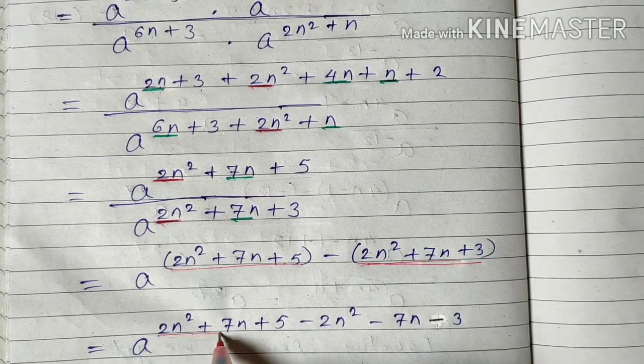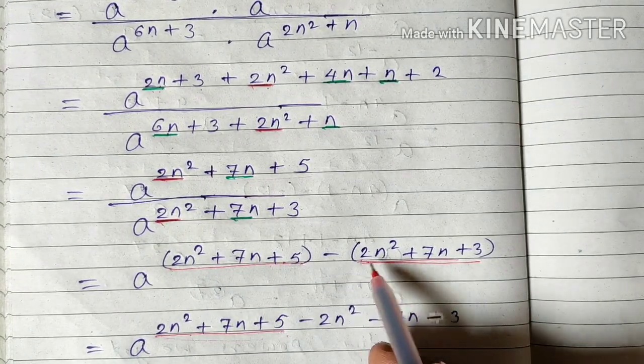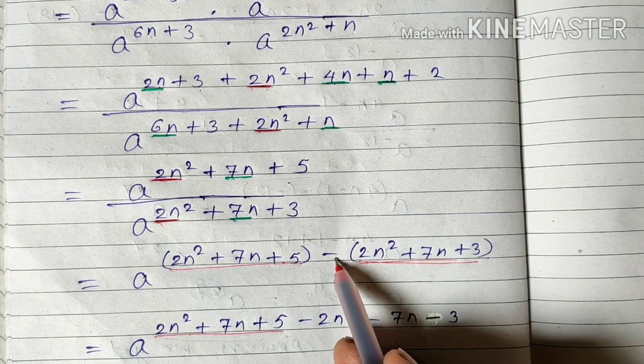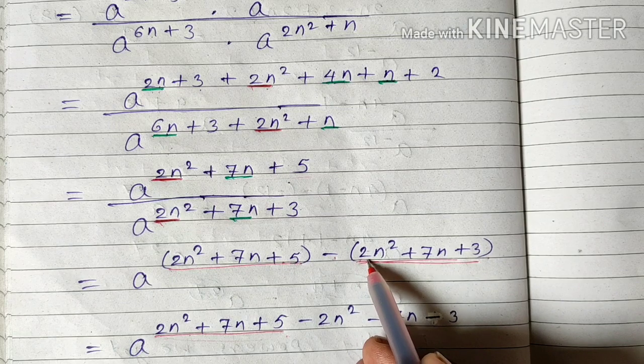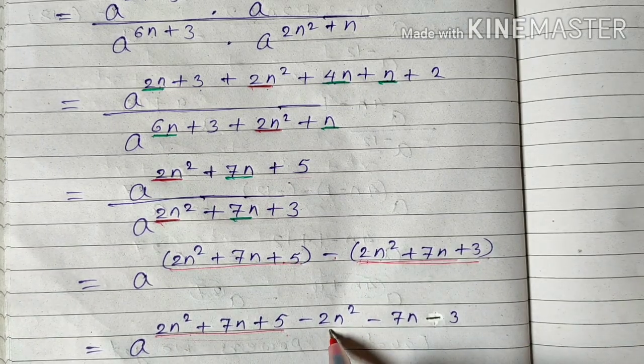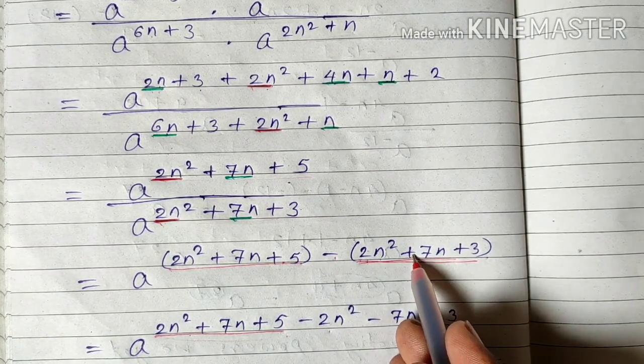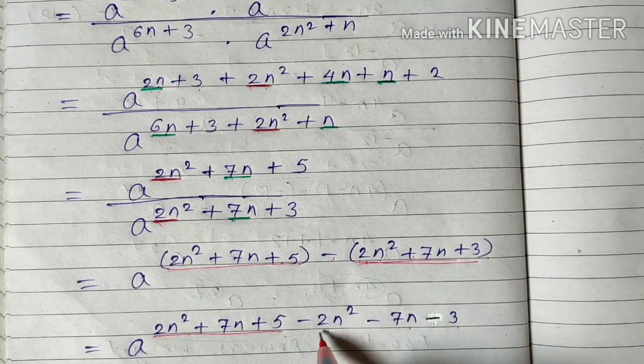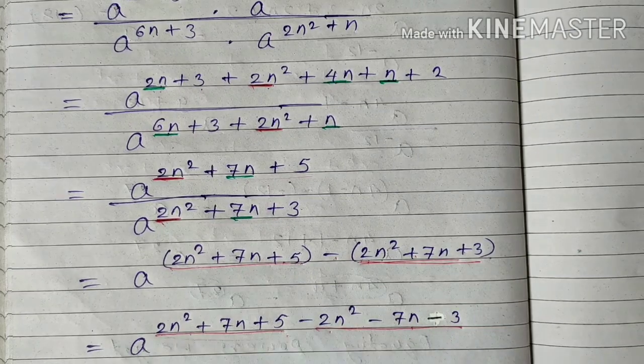But when we open the second bracket, there will be the sign change, because outside the bracket there is a minus sign. So plus 2n square will become minus 2n square, plus 7n will become minus 7n, and plus 3 will become minus 3. Got it?